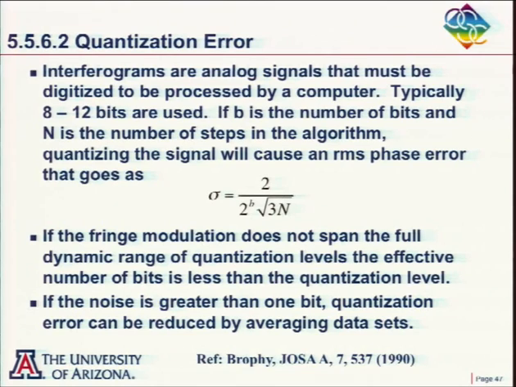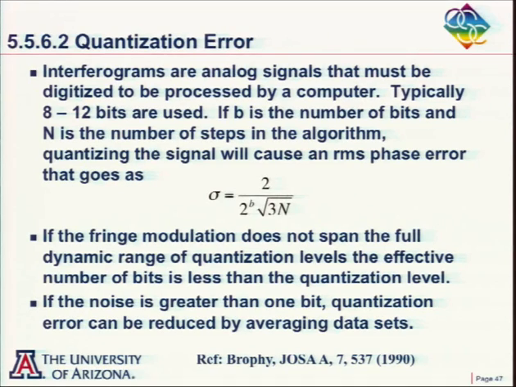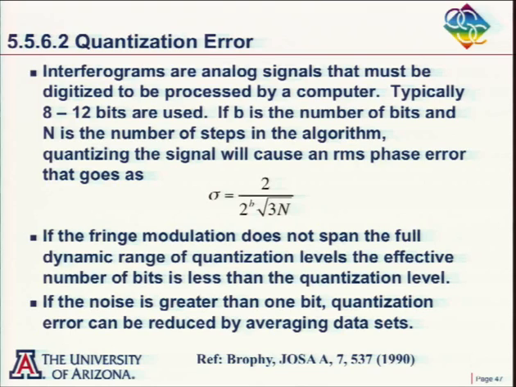Maybe you don't have enough light, you didn't adjust the intensity just right, and so your data doesn't span the whole dynamic range of the detector. So the detector may have 8 bits of capability, but maybe your fringe data is only using 6 bits or 5 bits or something.